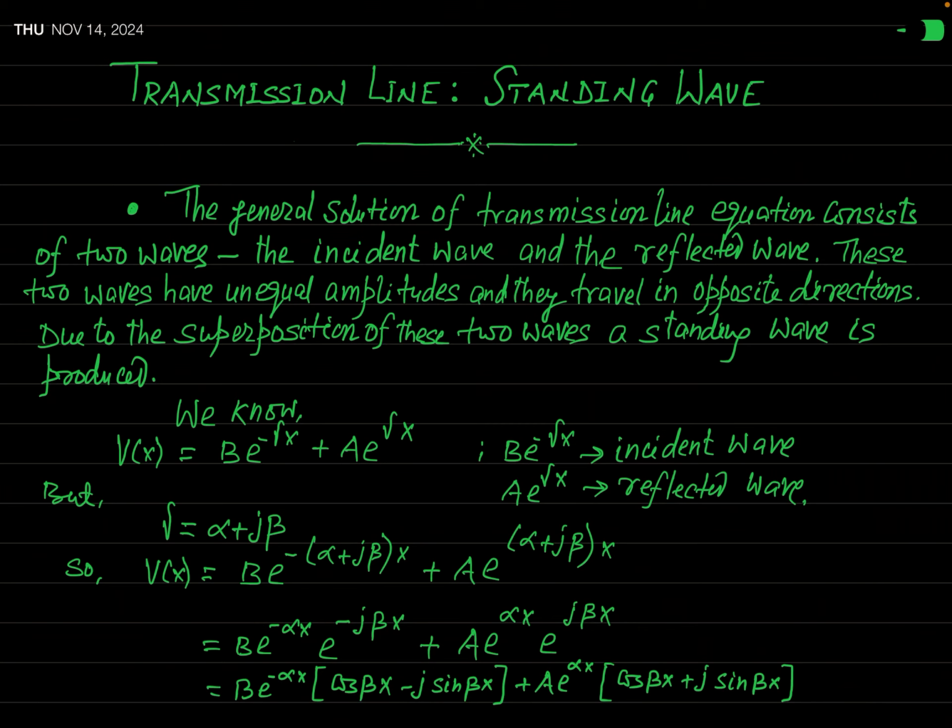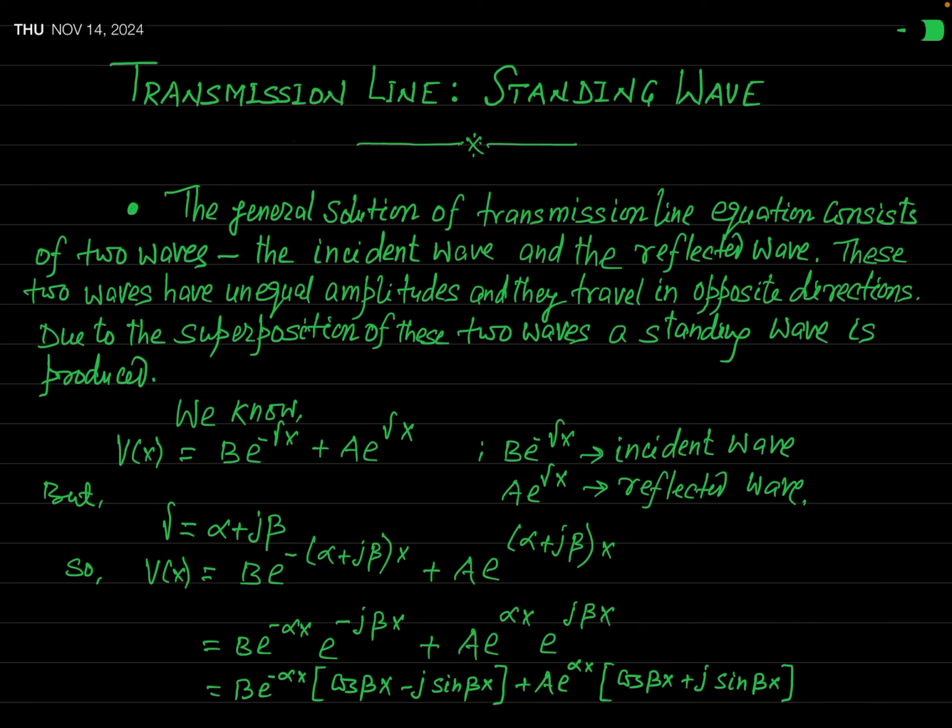Now, in the case of a transmission line, you have discussed many things till now. First of all, we have discussed the basic line equations, and we have seen that in a transmission line there are two waves traveling in the line.